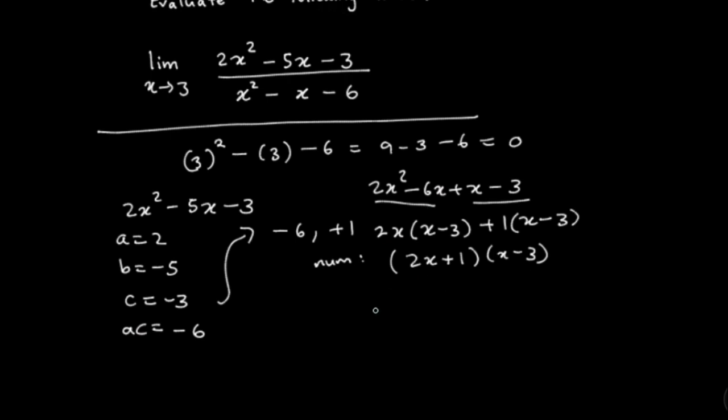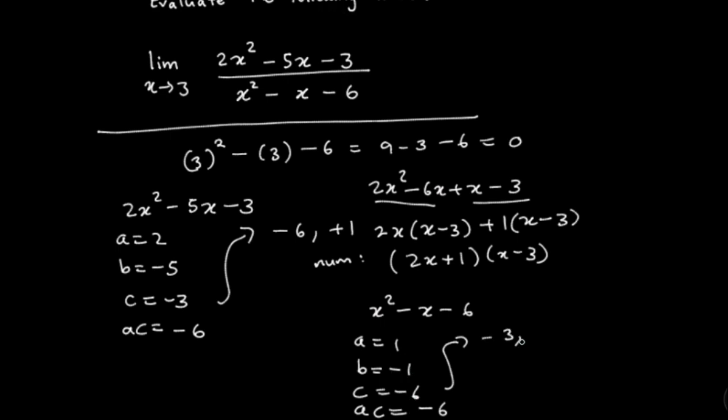If I'm looking at the denominator, I have x squared minus x minus 6. You can see here that a is 1, b is negative 1, and c is negative 6. So ac is 1 times negative 6, which is negative 6, and then you need two numbers that multiply to ac and add up to b, so you can use negative 3 and positive 2.